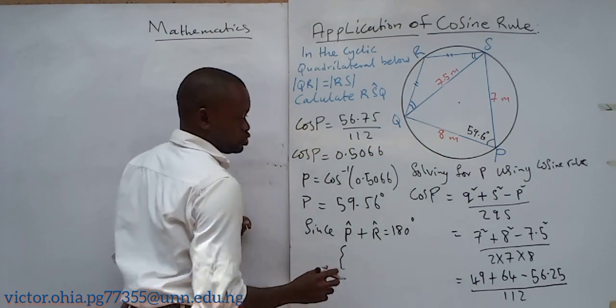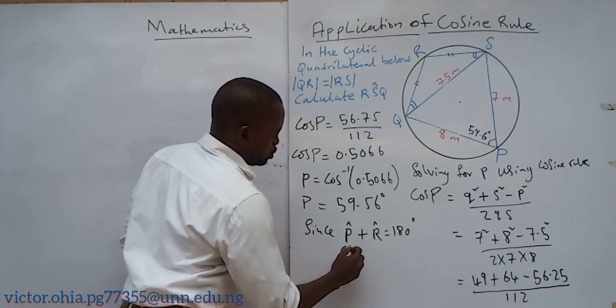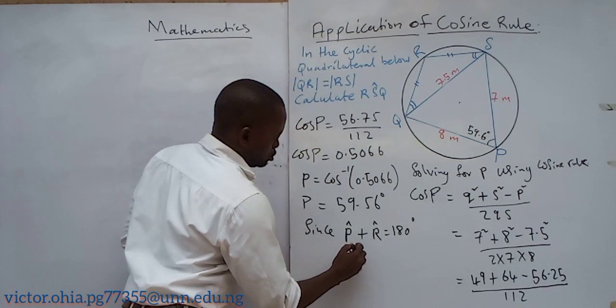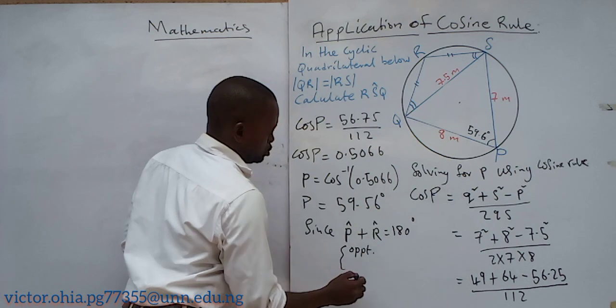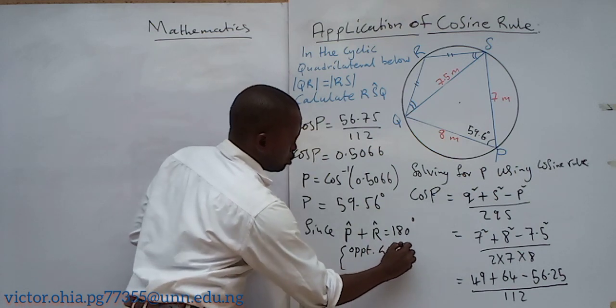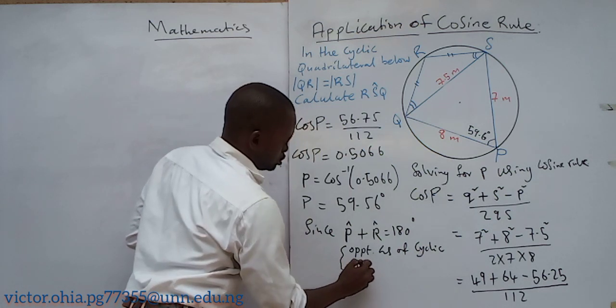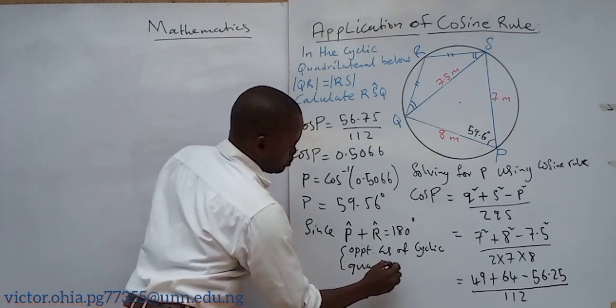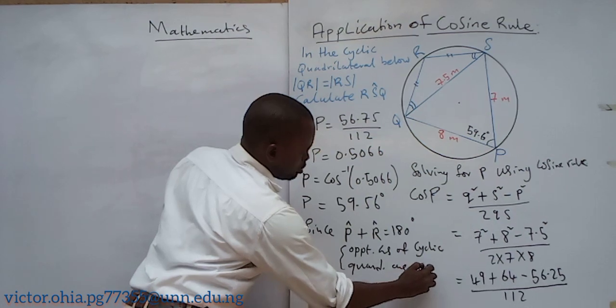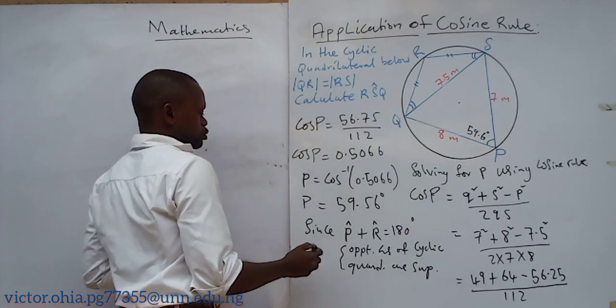Why? Please state that theorem. The why is that opposite angles of a cyclic quadrilateral are supplementary.